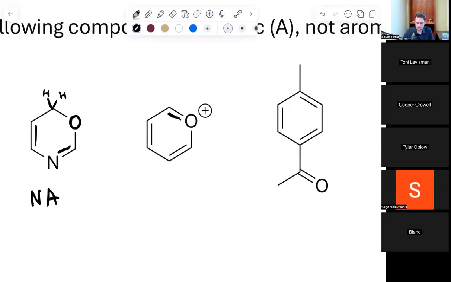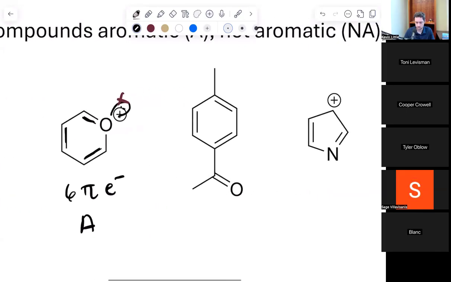This is fully conjugated. And there are 2, 4, 6 pi electrons. This is an sp2-like oxygen, so we do not count this lone pair. So we have 6 pi electrons. This is aromatic.